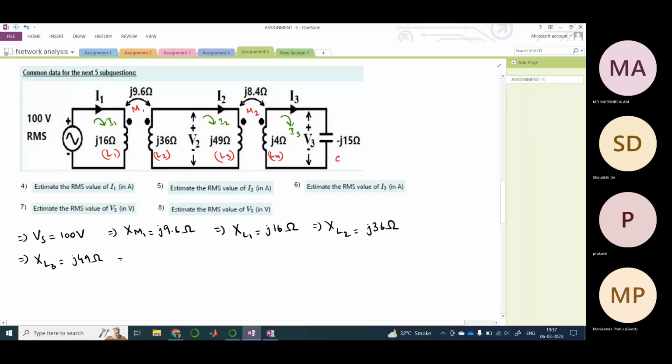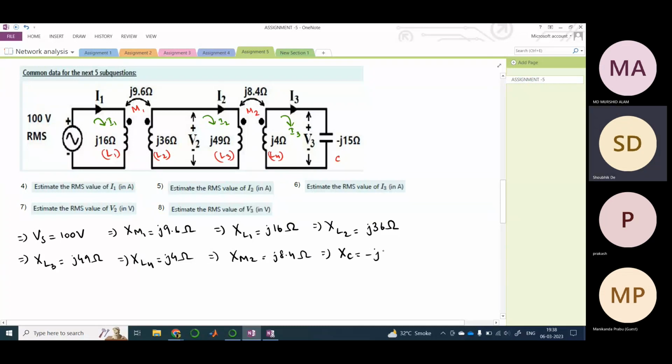J49 ohm. XL4 is how much? J4. And XM2 is J8.4. And your XC is J15, right?